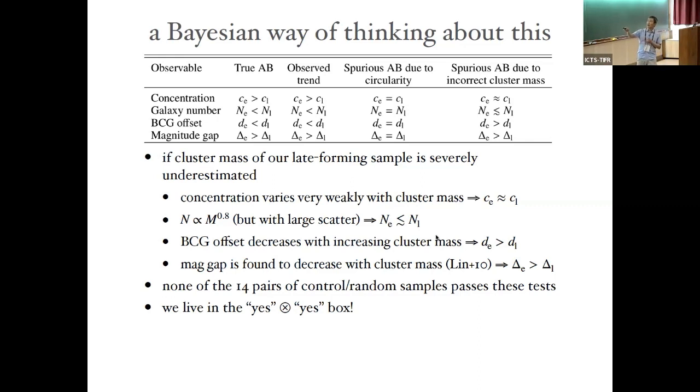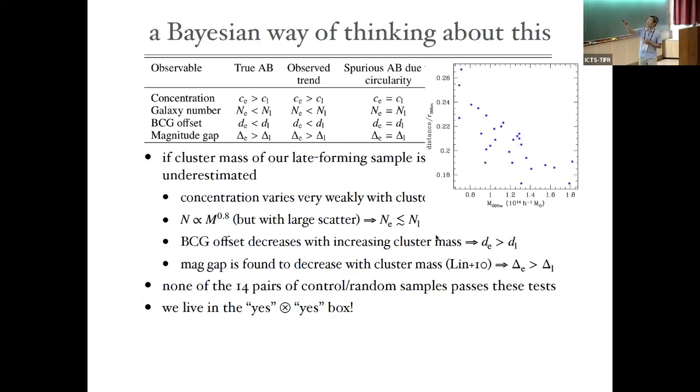And as I mentioned, n goes as mass to the 0.8 power, albeit with very large scatter. We expect the number of galaxies in early forming samples to be somewhat smaller than that in the late forming ones.